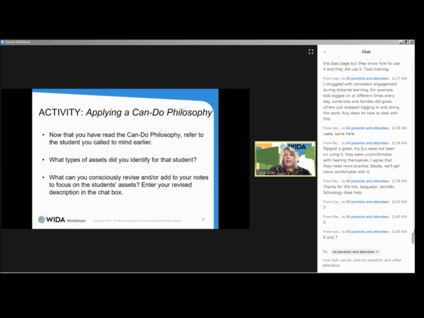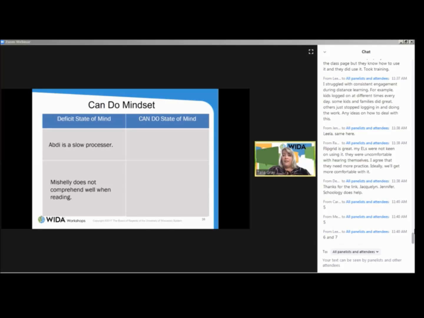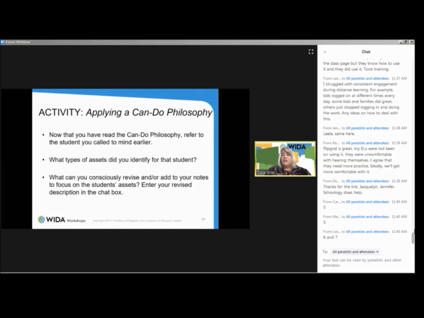Now, what can you consciously revise, edit, add to your notes about that student to focus on their assets? So I want you to reflect on that and reflect on the descriptions that you gave of your students.